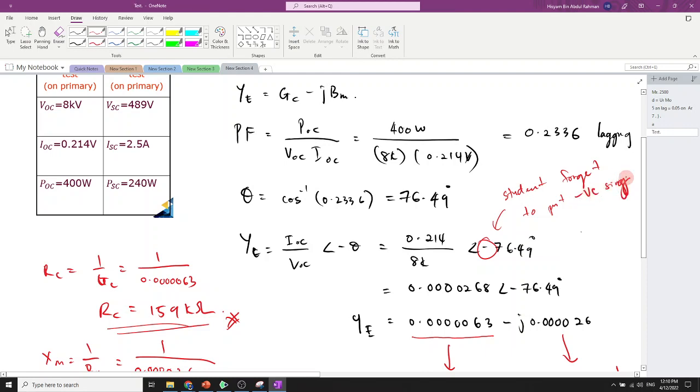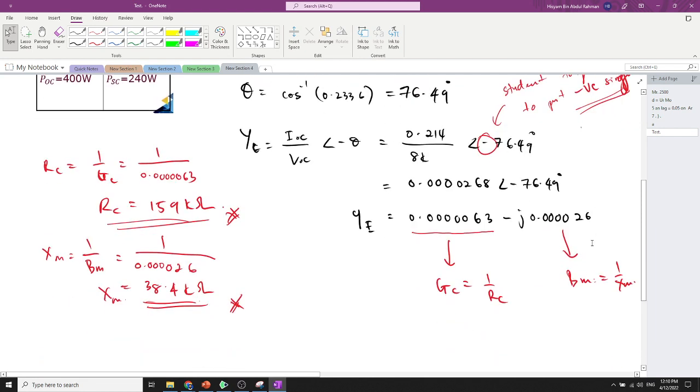Sometimes they forget because they didn't understand the current in phase, or in the leading and also the lagging. Okay, so we know already the XM and the XC.